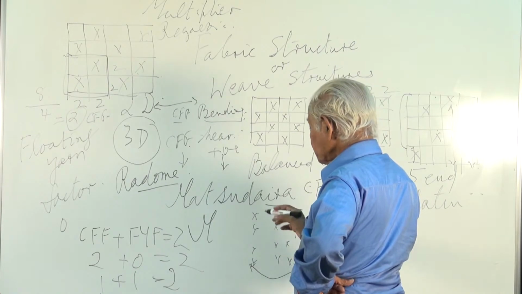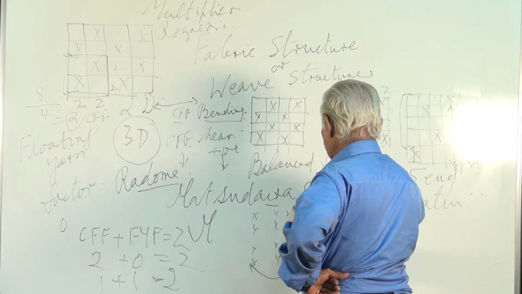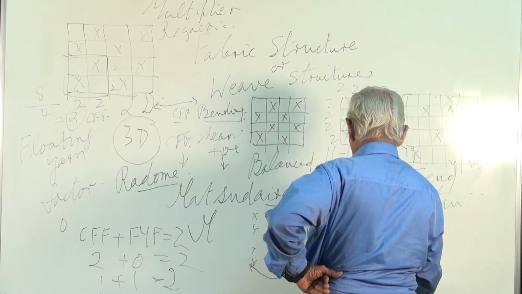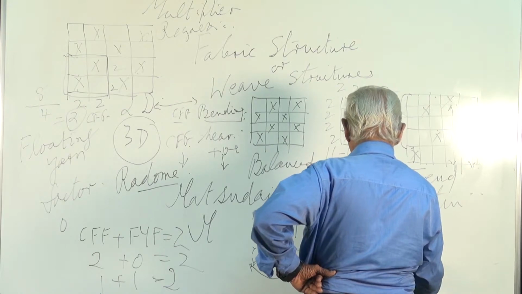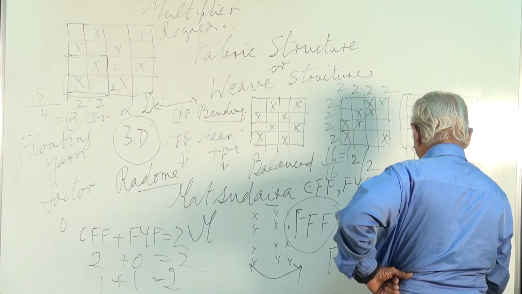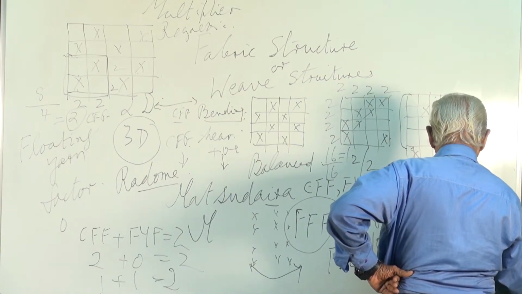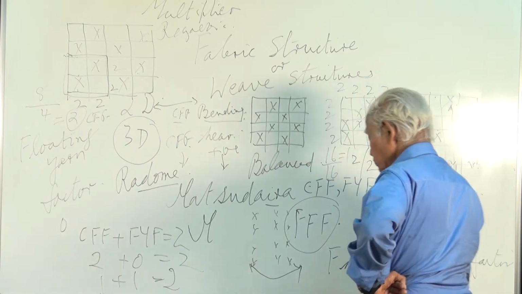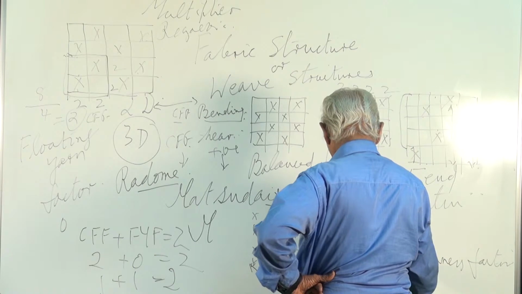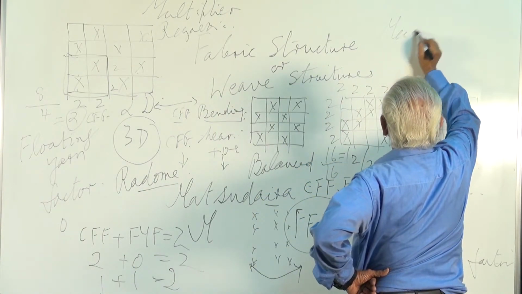And another parameter that has been developed is called FFF, that is floating yarn fabric firmness factor, fabric firmness factor. So using this, it has been found that it has a very good correlation with the mechanical properties.